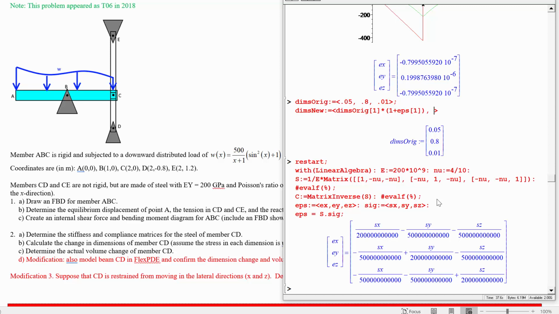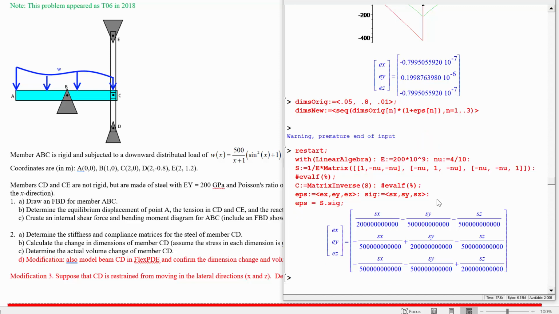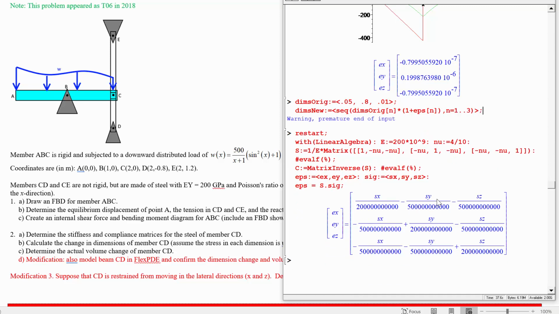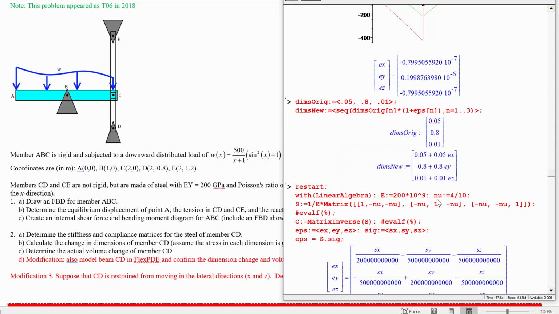And then add this and then do that for the other ones as well. But we may as well use a sequence if this is what we're going to do. So let's do a dimensions original n, from n is 1 to 3. So that should do it with a semicolon. Okay, so there we go.